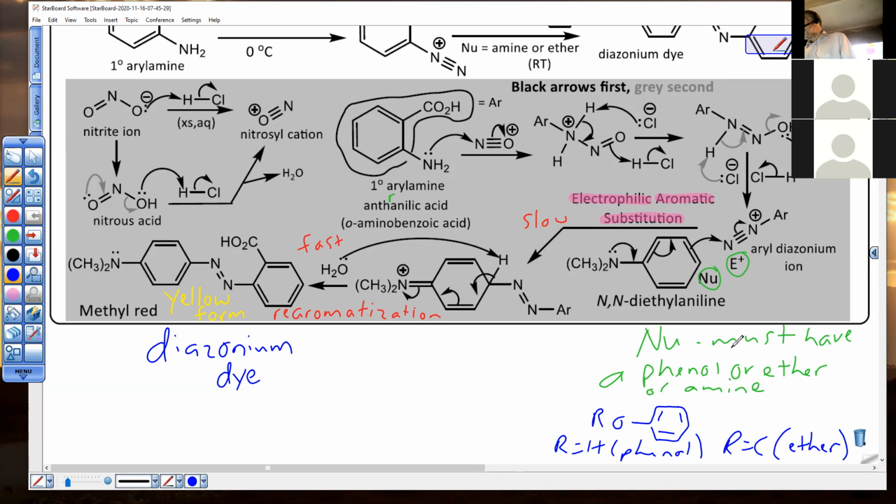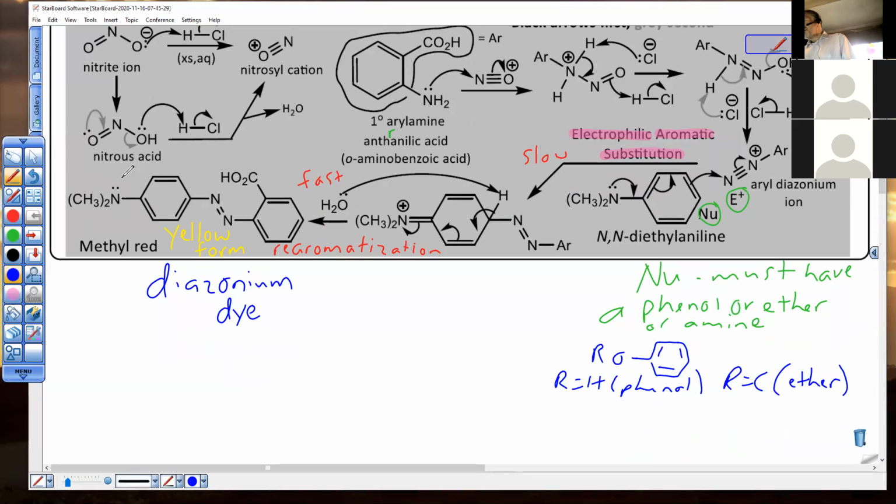So that's where we should start when we're given the product and we have to figure out which part was the nucleophile and which part was not. So start with the nucleophile. So think retro. Find the Nu. And I found it.